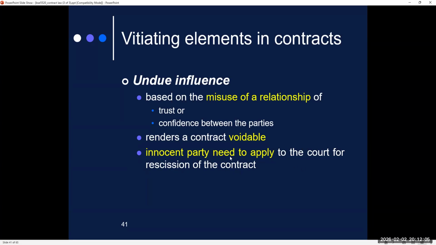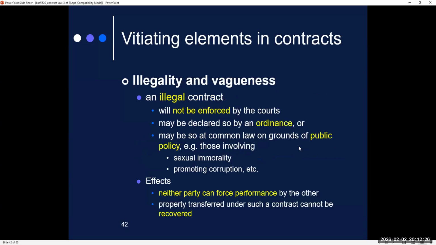If the innocent party does not apply, then the contract can still go on. But if the innocent party decides to apply to the court to rescind the contract, he or she can do so if there was a misuse of a relationship.